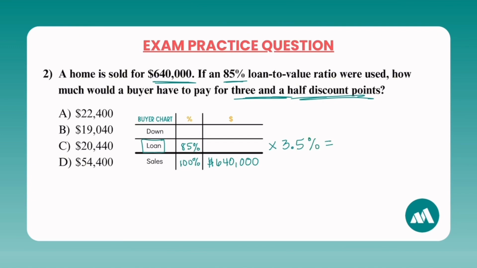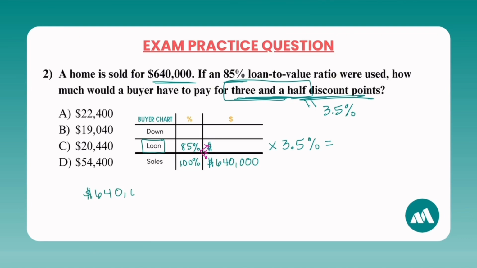Remember, 3.5 points is always going to equal 3.5%. So now it shows that all we need to do is find the loan amount. How do we do that? We're just going to multiply sales price times the loan to value ratio to find the loan amount.